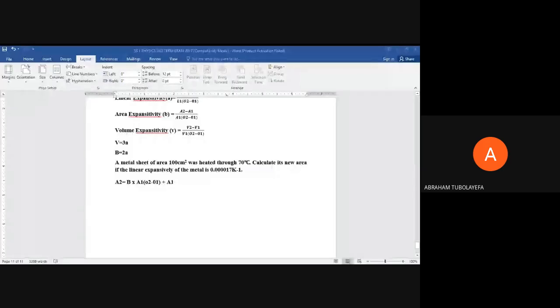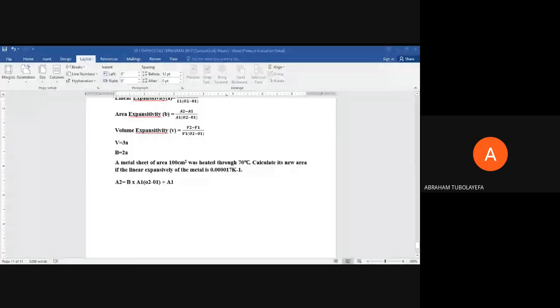Now let me explain this once again. When we talked about conservation of energy, I explained that in the last revision class we had last week Friday. I said if a body is at a height, all the energy it has is purely potential.